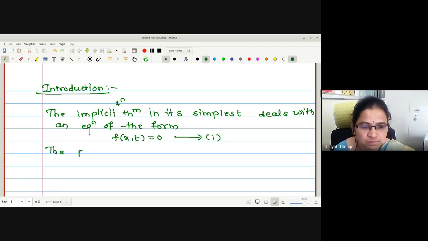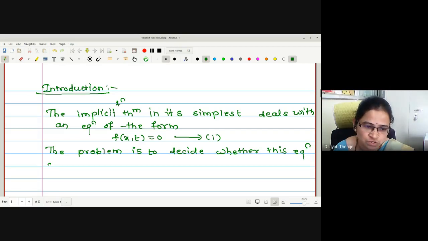Now the problem is to decide whether this equation determines x as a function of t.